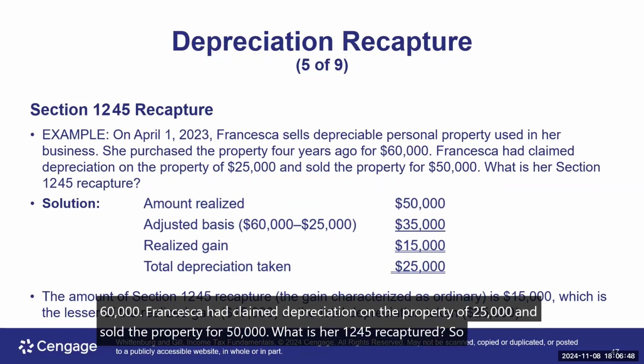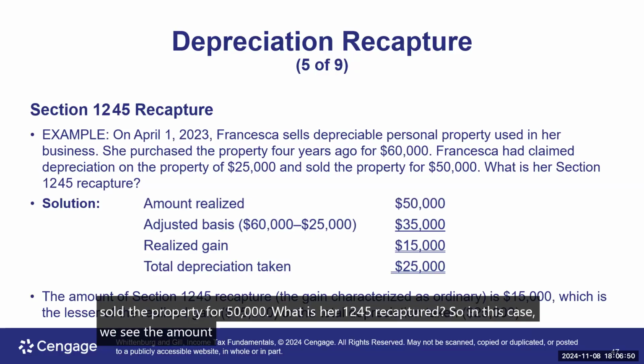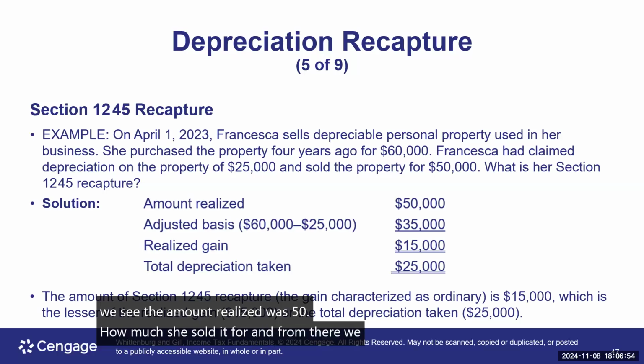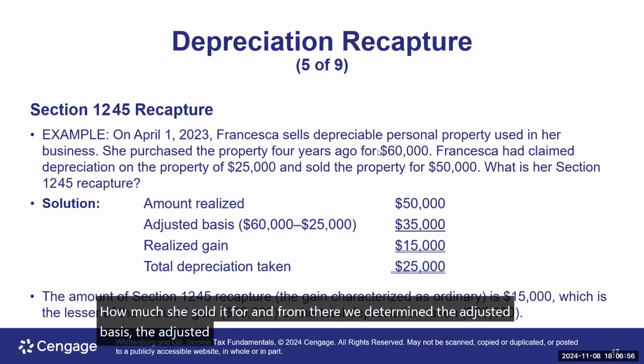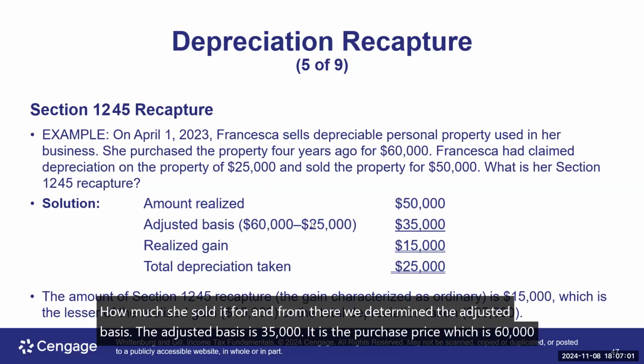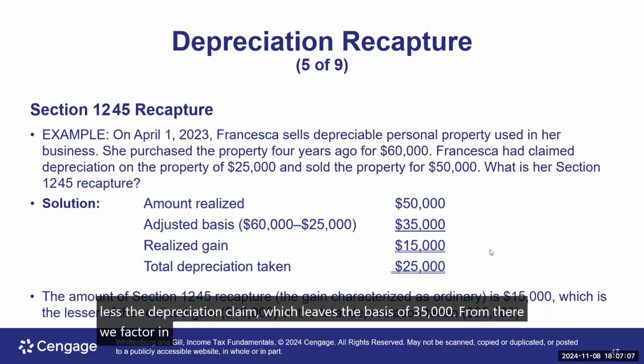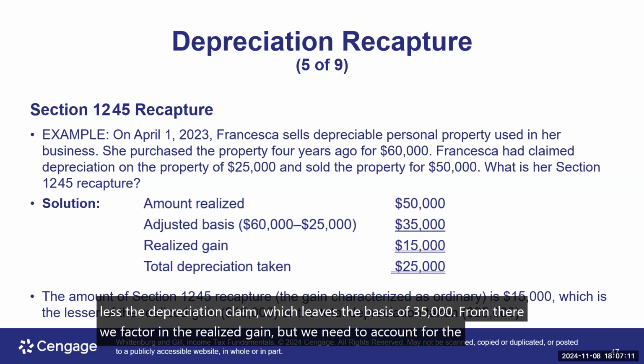So in this case, we see the amount realized was $50,000, how much she sold it for. And from there, we determine the adjusted basis. The adjusted basis is $35,000. It is the purchase price, which is $60,000, less the depreciation claimed, which leaves a basis of $35,000. From there, we factor in the realized gain, but we need to account for the total depreciation that was taken.